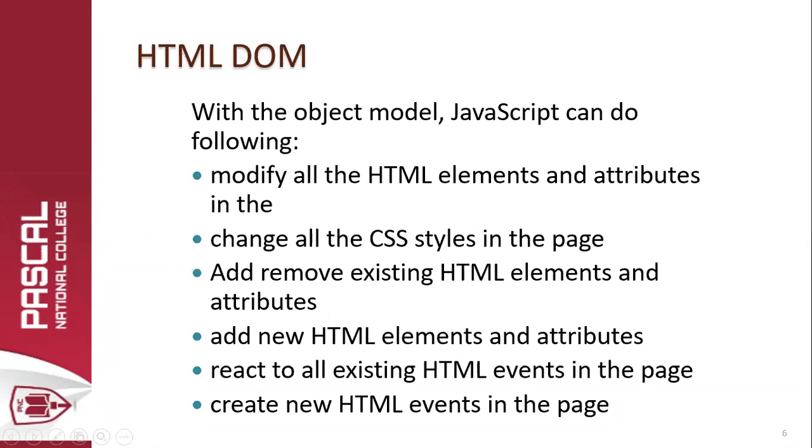We can also add new HTML elements and attributes. We can also react to the existing HTML elements. Next, we can also create HTML events on the pages. So this modification, addition, or removal of HTML elements you can do with the HTML DOM.